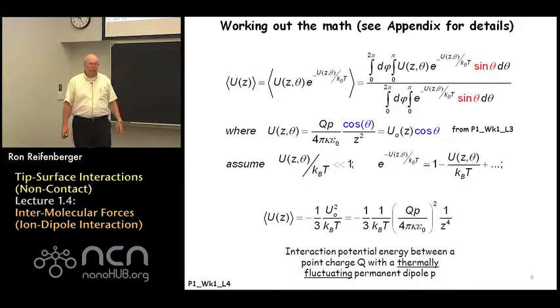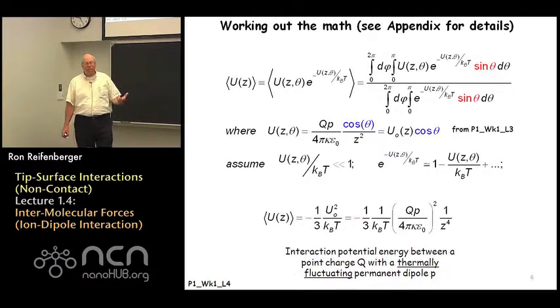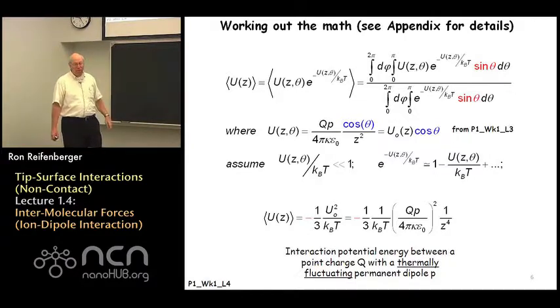When you do this calculation, it becomes useful to make two approximations. One approximation is you assume that the interaction potential energy is small compared to kT. That then allows you to expand the Boltzmann factor, this exponential factor that appears in this thermal averaged equation.